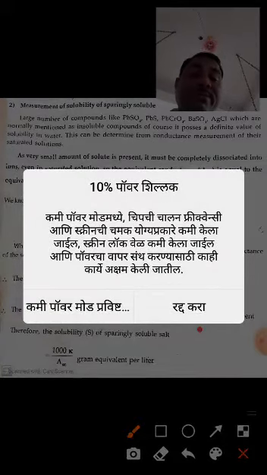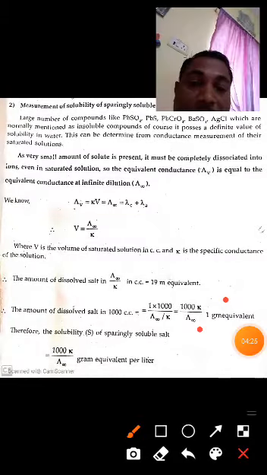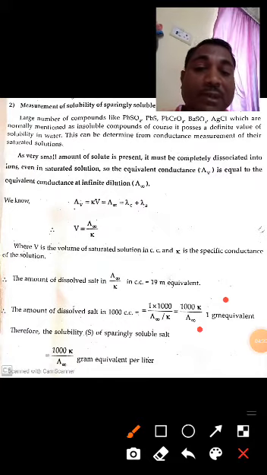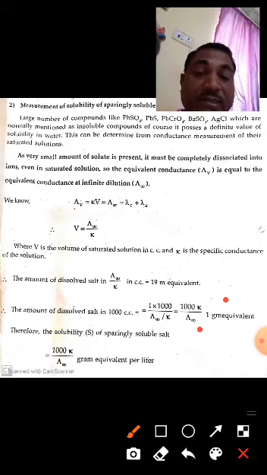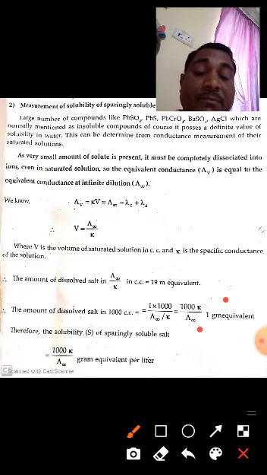Therefore, the solubility S of a sparingly soluble salt is equal to 1000 into K, the specific conductance, divided by lambda infinity, gram equivalent per liter.